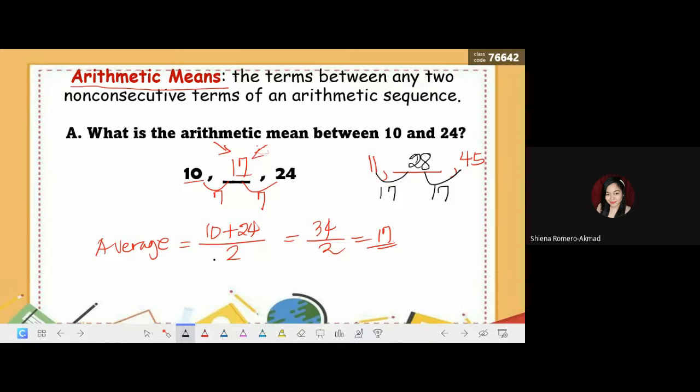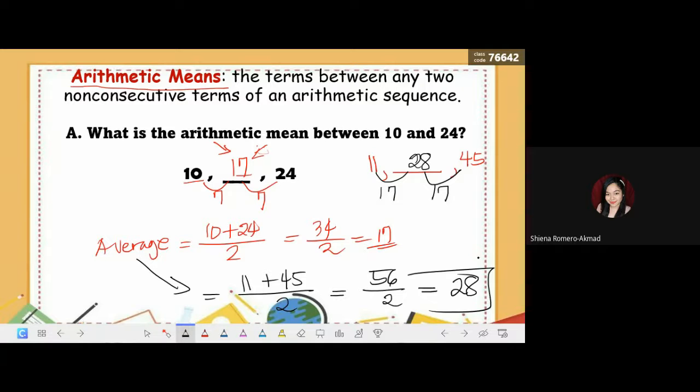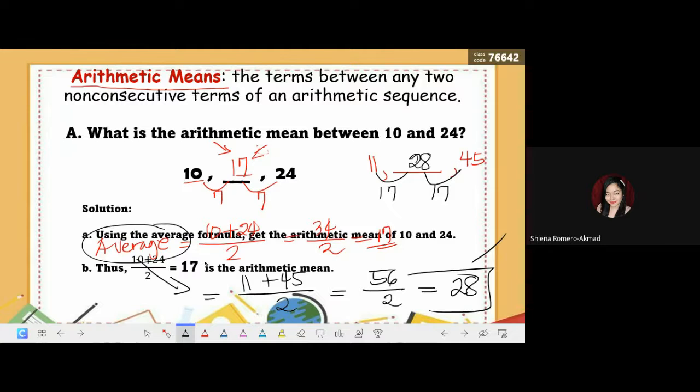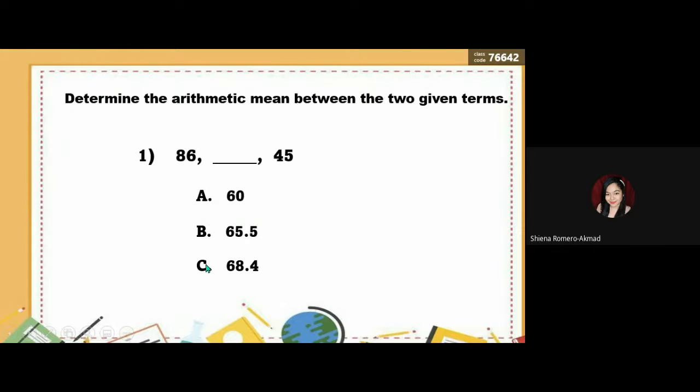Paano natin nakuha yung answer? Ginamit natin yung formula for average, and that is 11 plus 45 divided by 2, which gives us 56 divided by 2 equals 28. So, ganun lang. Kapag tatlo yung terms at ang hinahanap ay nasa gitna, ito lang ang gagamitin yung formula. Average lang. Add, divide by 2. Ganun lang kadali.